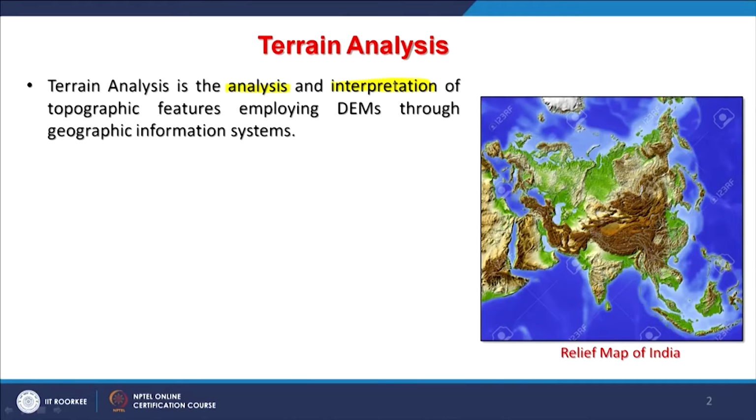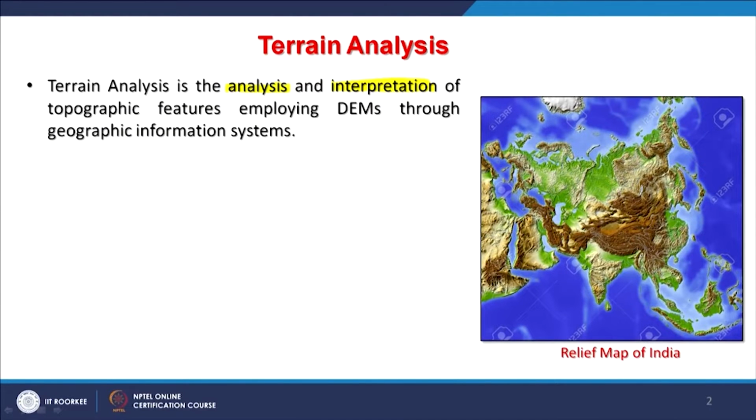I can try a few methods, create various products and then compare them, do the interpretation, and analyze whether things are in order or not. So, this is the analysis and especially the interpretation, and that focus should always be there, whatever the data, whether satellite data or digital image or your digital elevation models or even topo sheets.